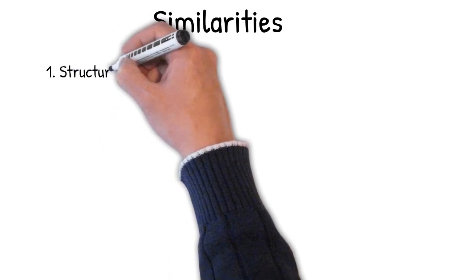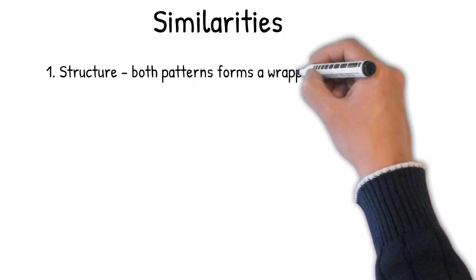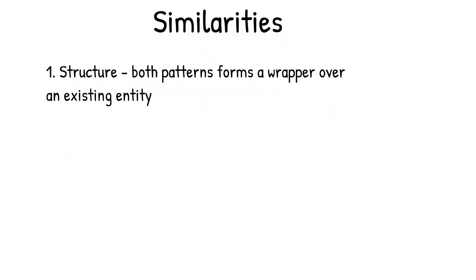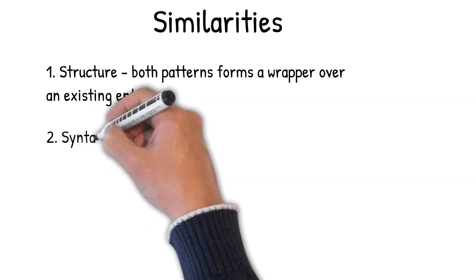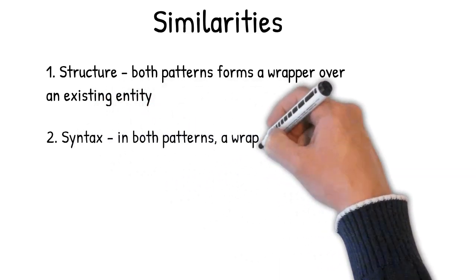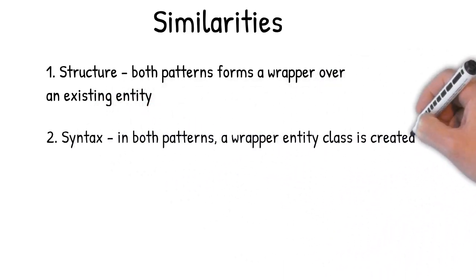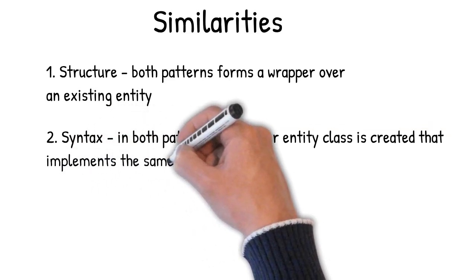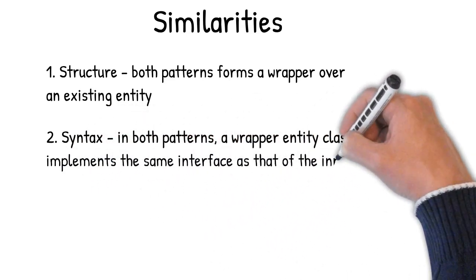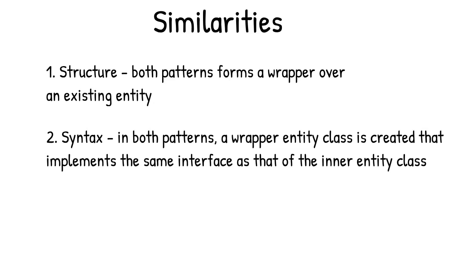To start with the similarities, the first common thing between these two patterns is the structure that they form. They form a wrapper over an existing entity. The second common thing is about the syntax that they follow. In both of the cases, a wrapper entity is created that implements the same interface as that of the inner entity class.